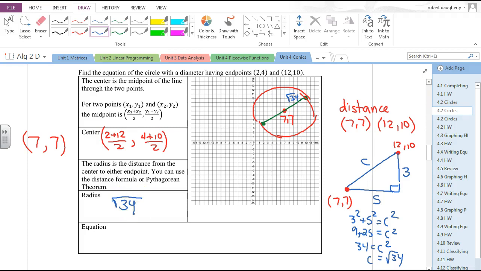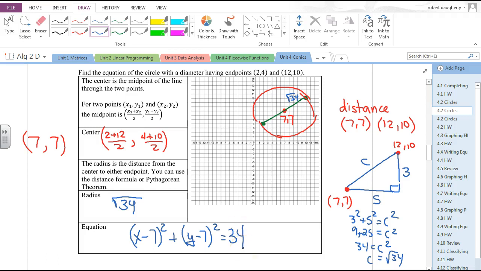So now what's my equation? Come on, guys. Here's my center. What is the equation? X minus 7 squared plus what? Yeah, y minus 7 squared equals 34.